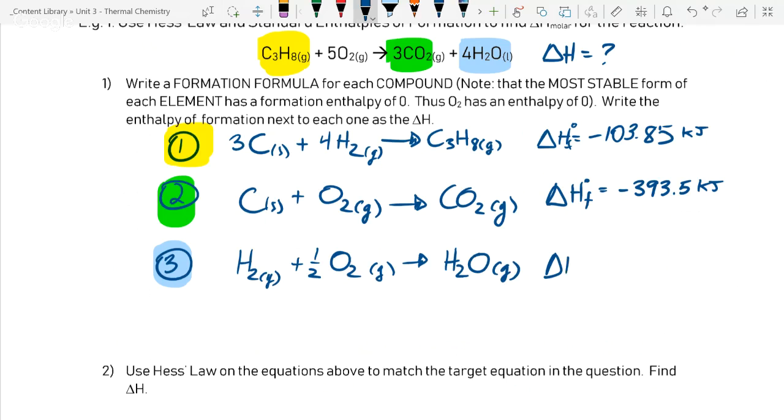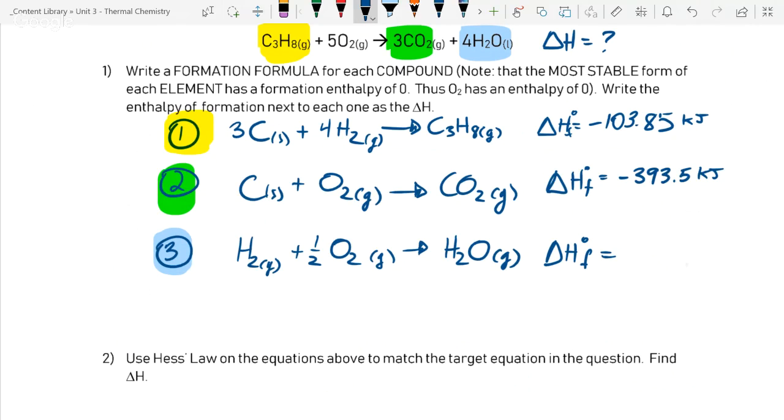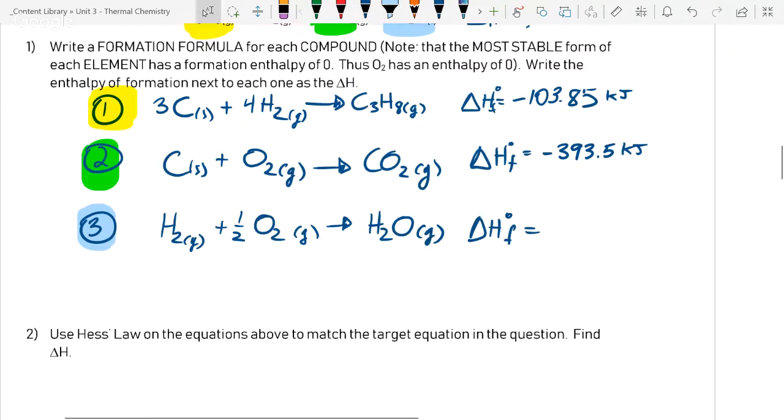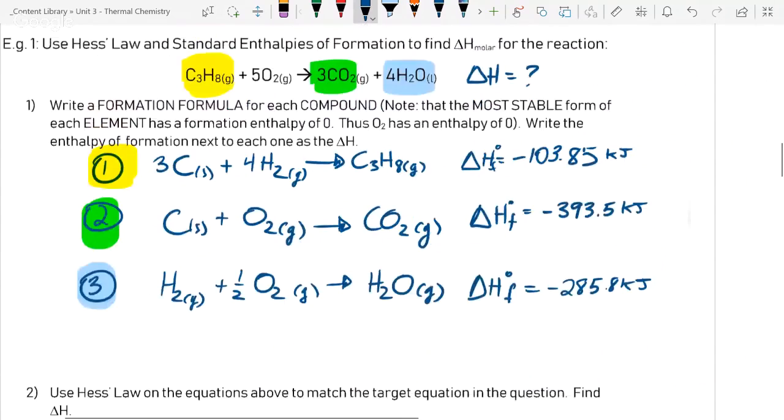And the delta H naught F for this is what? It's going to be negative because we're burning something. Negative 25.8. Oh, wait, no. We're dealing with water vapor, so it's going to be 241.8 because it's gas formation.